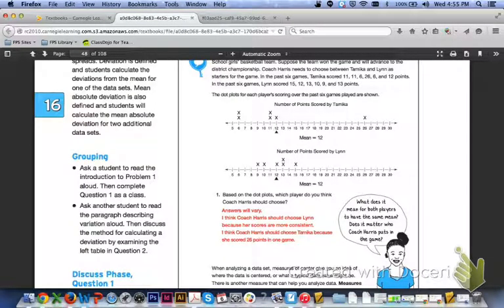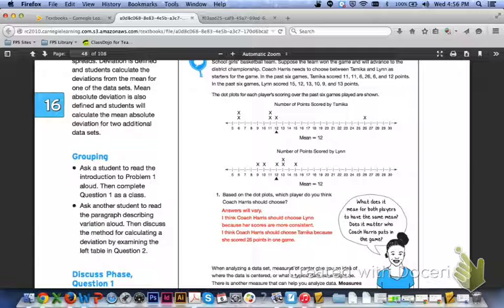Like the answer key here says, answers might vary for this problem. Some of you might have said that Coach Harris should choose Lynn because her scores are more consistent. She's steadily around 10 points a game. High at 15, low at 9. Whereas Tamika, she has a whopping 26 points in one game, but her low is all the way down to 6.